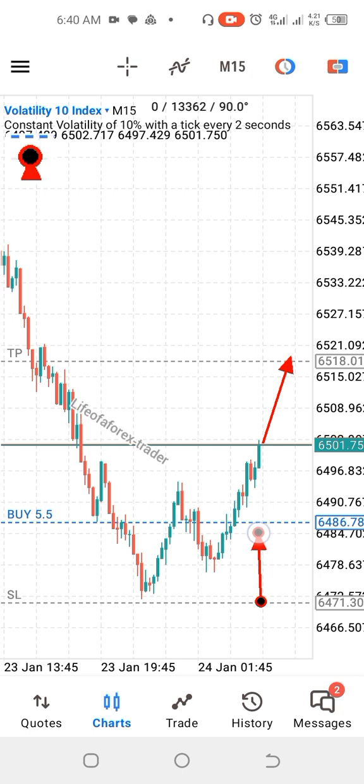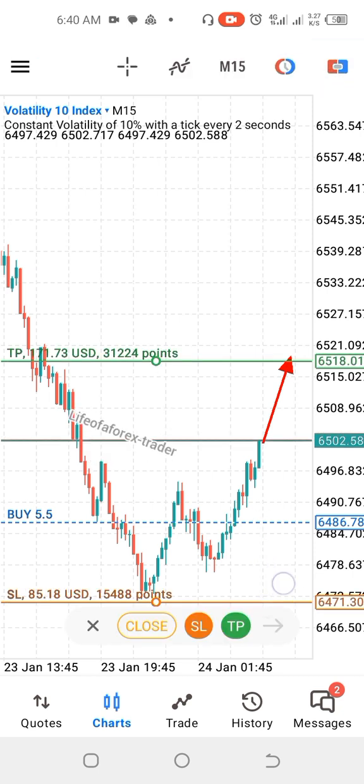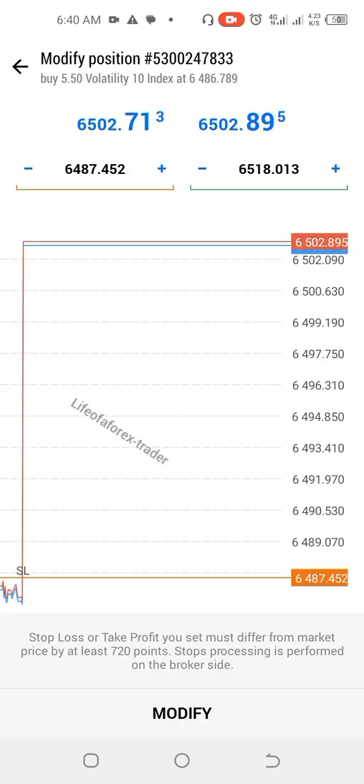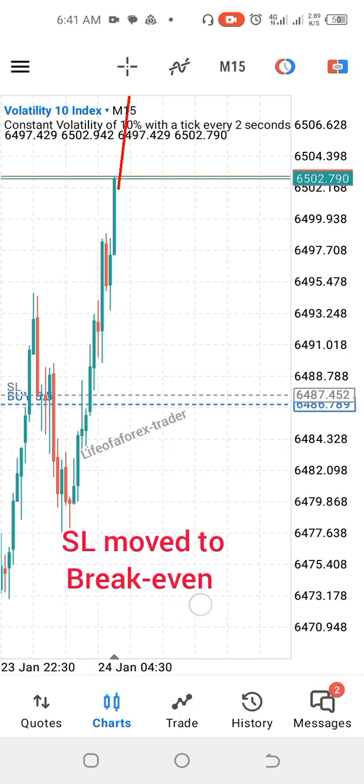It's more like break even, to secure the profit I have made and to protect my account capital. So I'll just modify it. Okay, the stop loss has been successfully moved to break even.